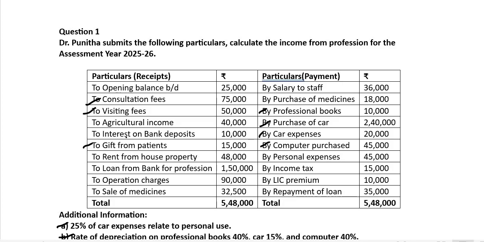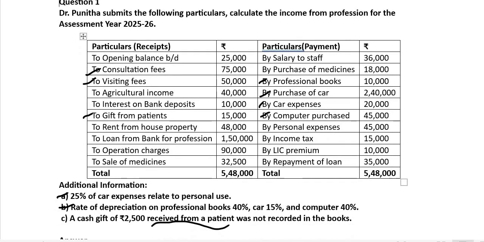Interest on bank deposit is not a professional receipt. Gift from patient 15,000 is given. So we have to add the additional amount given in the adjustment, 2,500, to find out the total gift from patient. It is a professional receipt. Rent from house property, not a professional receipt.